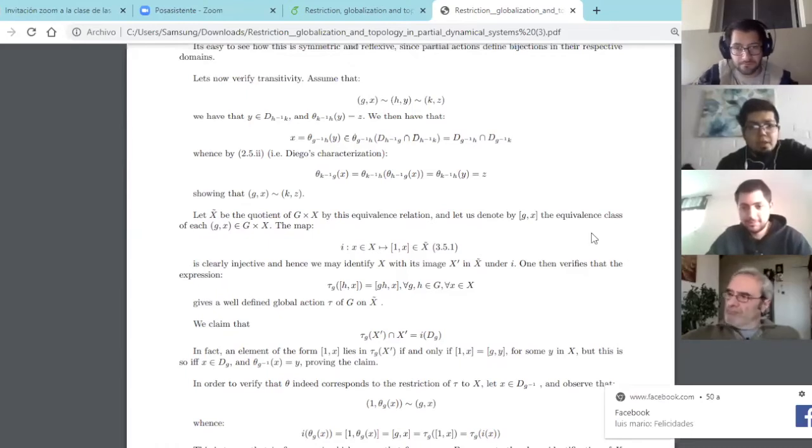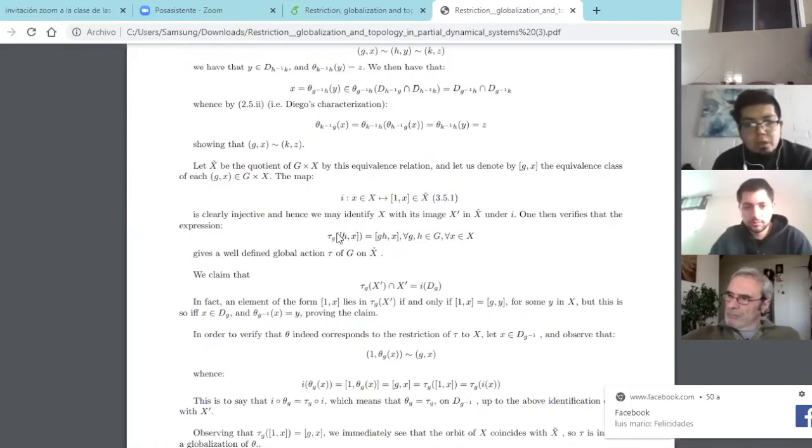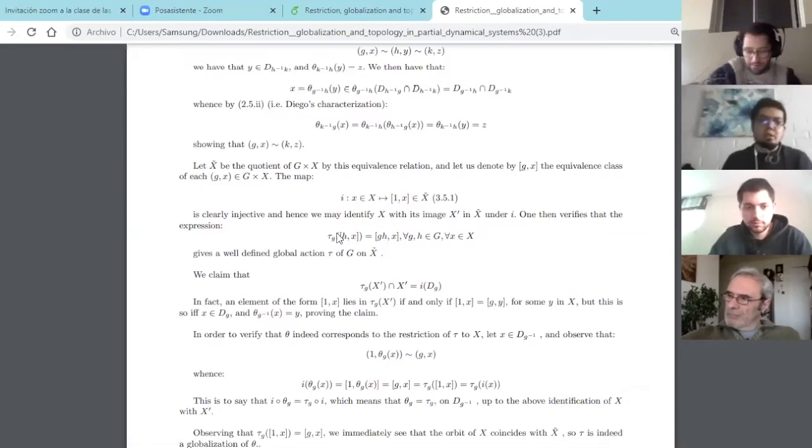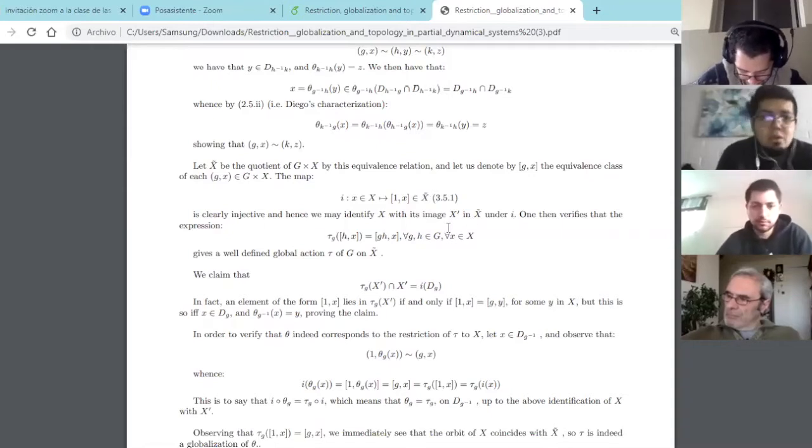So as Marius was saying, we will naturally take the quotient of G times X under this equivalence relation. And we will denote Gx the equivalence class, right? Mm-hmm. So we want X to be included in this quotient, and we have this inclusion, and we may easily identify X with its image under this I, right?